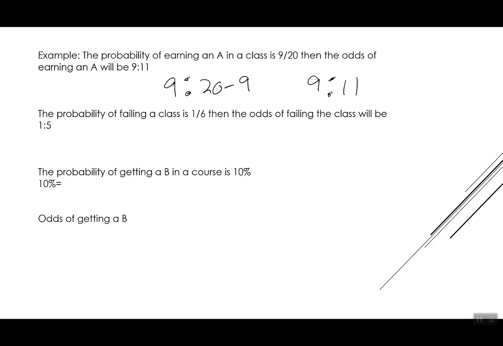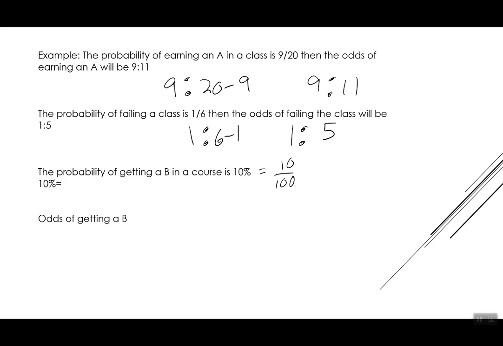What if the probability of failing a class is 1 over 6? That says for every one way to fail, there are 6 minus 1 ways, which would be passing, so that gives me 1 to 5. So I'm subtracting the numerator from the denominator to get to the odds. Let's say the probability of getting a B in a class is 10%. First thing I want to do is say 10% is like 10 over 100, right?